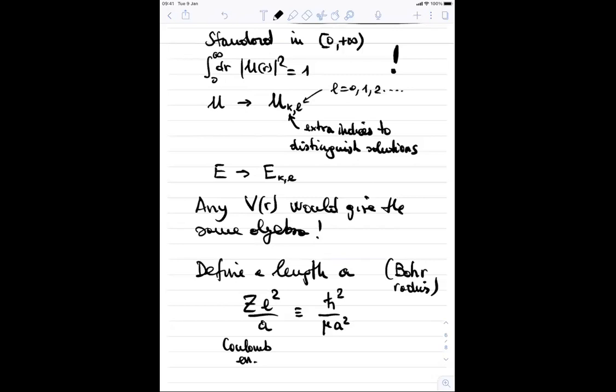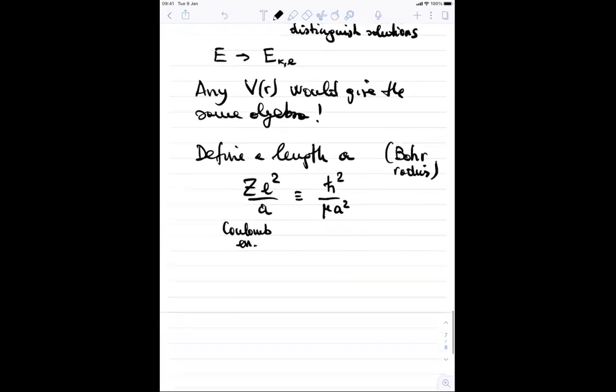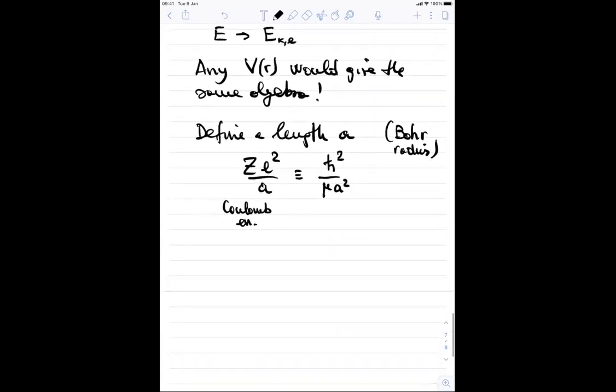No, if I don't put the factor 2, I get the Bohr radius. Otherwise, I get a slightly different length, which you could use, but it's not the conventional length. There is a reason behind that, but never mind. Okay, so this is the kinetic term, kinetic energy.